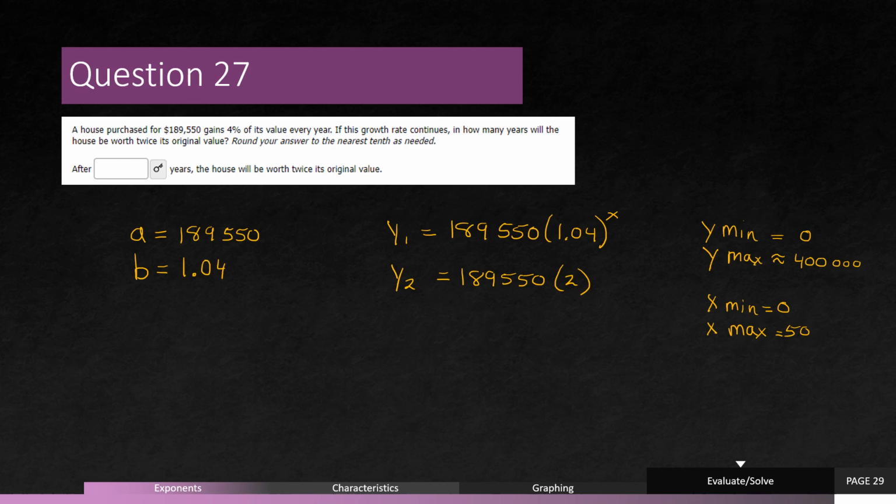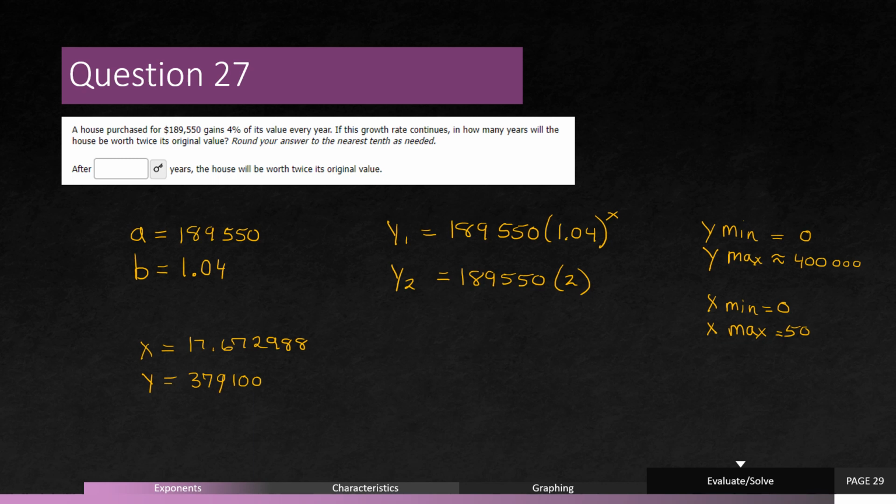So the intersection is giving me a value of x equals 17.672988, and my y value is double, and it's calculated that for me at 379,100. And so you should have seen it pretty much in this viewing window. 50 probably puts that intersection towards the front end on there.